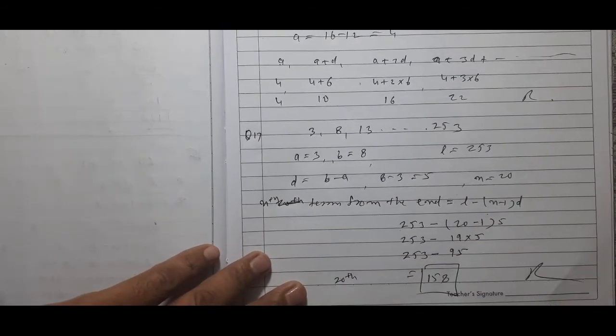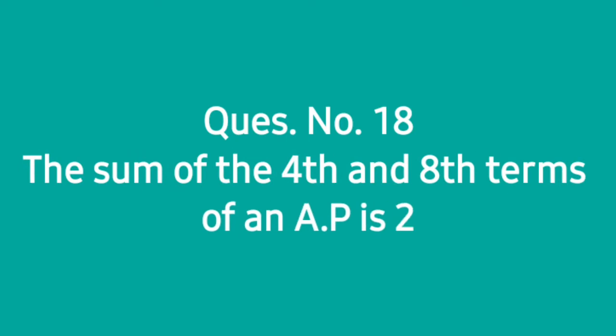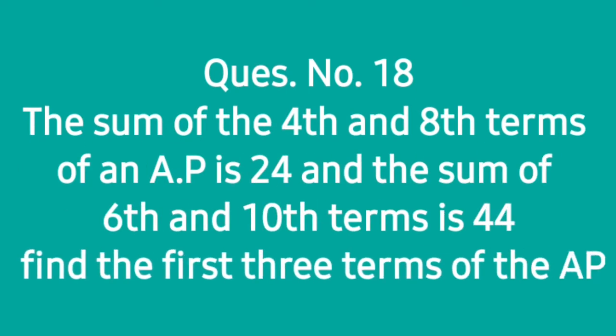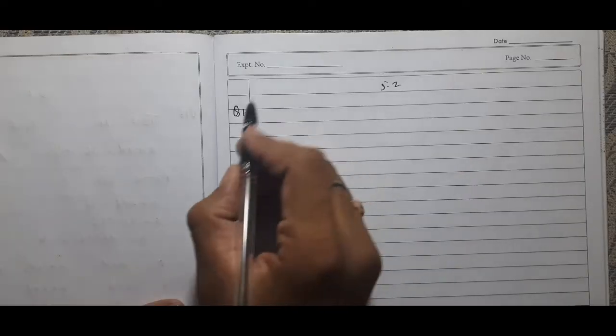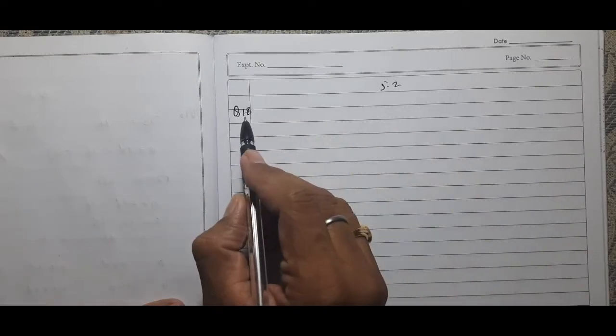Got it? The sum of the fourth and eighth terms of an AP is 24 and the sum of the 6th and 10th terms is 44. Find the first three terms of the AP. Okay, now 5.2 question number 18.